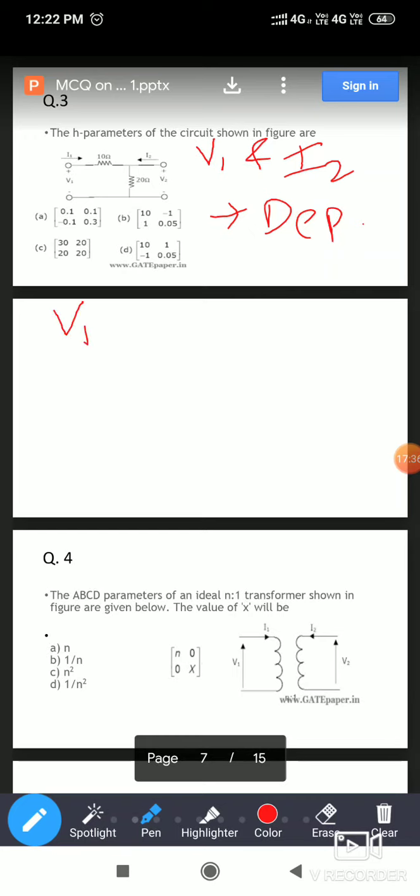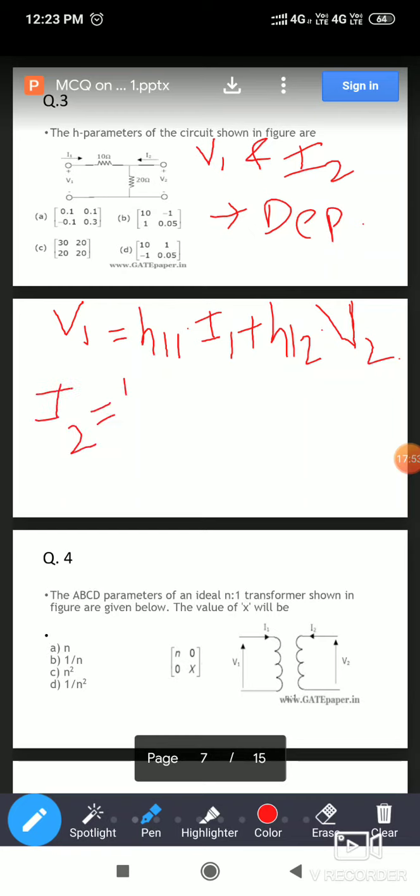So everyone, you can note down these equations. V1 is equal to H11 into I1 plus H12 into V2. Okay. Next one, I2 is equal to H21 into I1 plus H22 into V2.